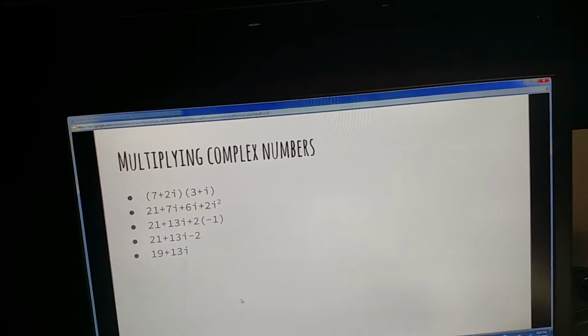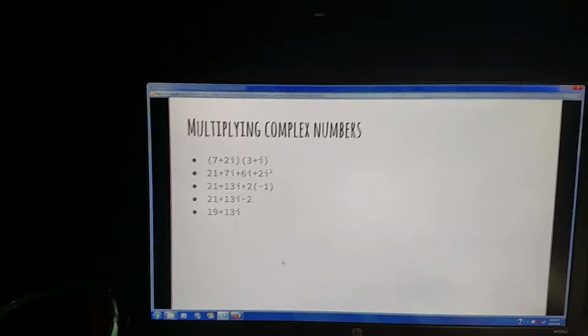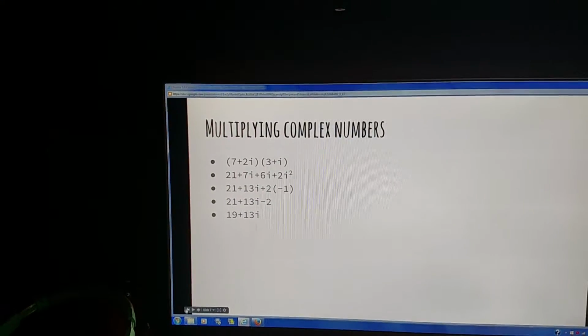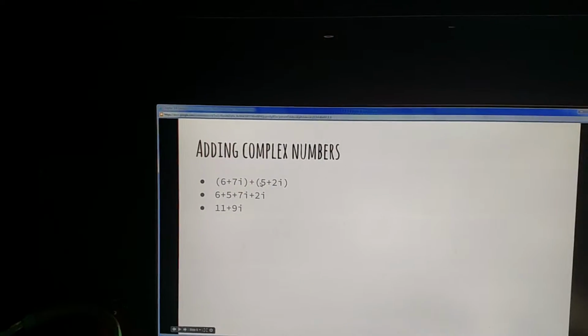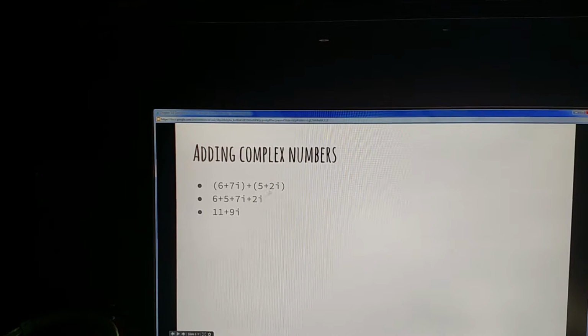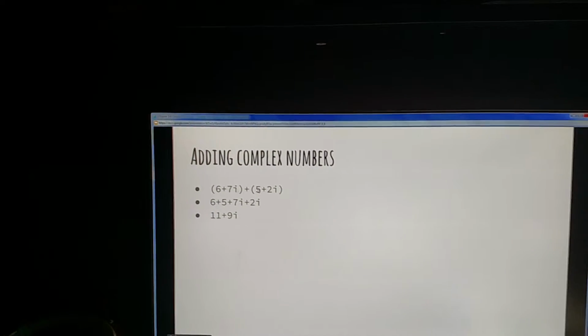Oh, and another note, you can also do this with subtracting. You just have to make this here negative. Well, any of these negative will do.